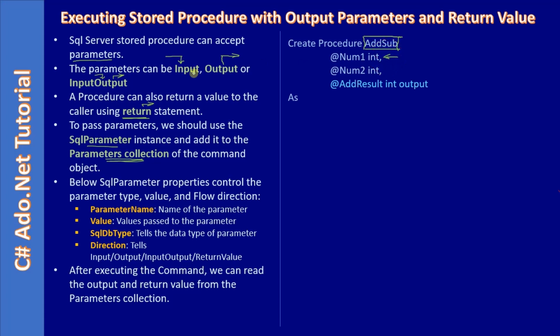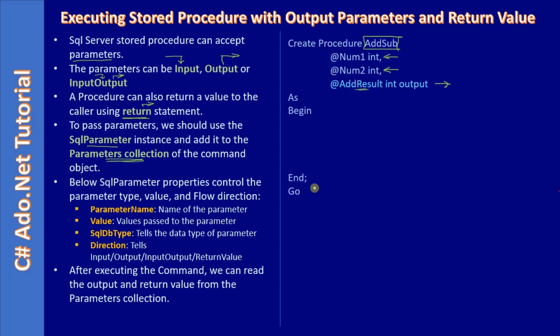If it doesn't specify input, by default SQL Server takes it as an input parameter. Then we have one more parameter called add result, data type int, and we are telling this is an output parameter. That means SQL Server will pack a value on this specific parameter.